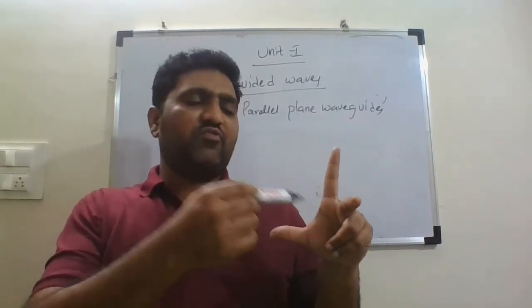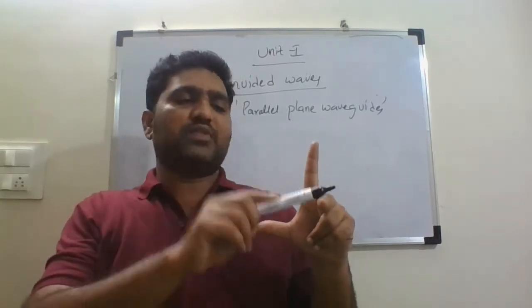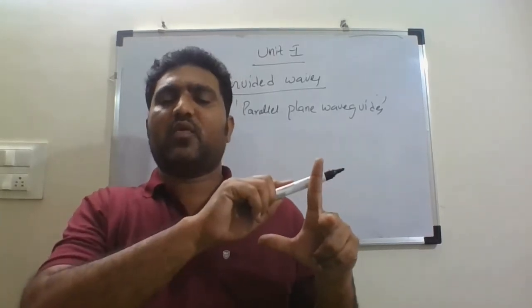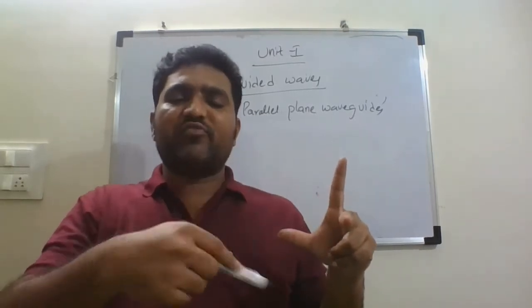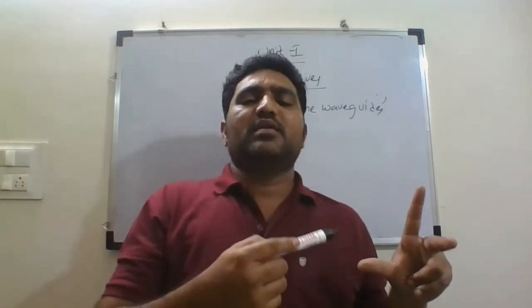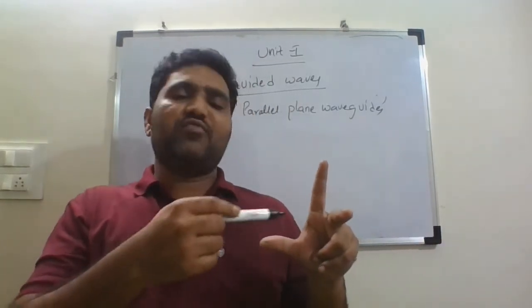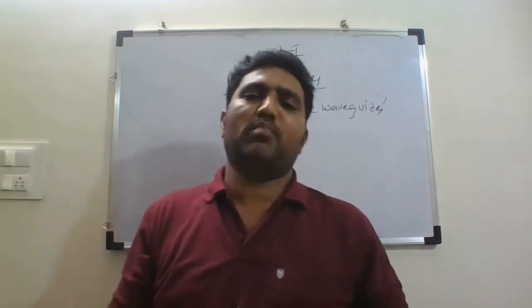So if the wave is propagating in a direction mutually perpendicular to both electric field and magnetic field, that means E bar, H bar and the wave are all perpendicular to each other, then the wave will be propagating in only one plane. That is what we call a uniform plane wave.